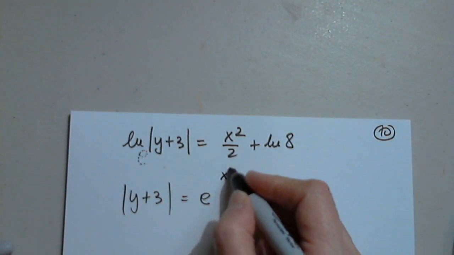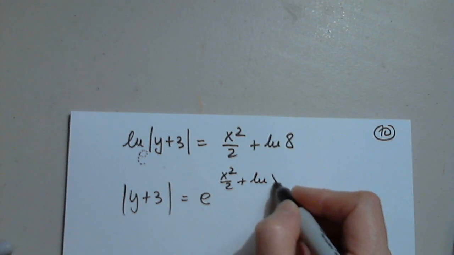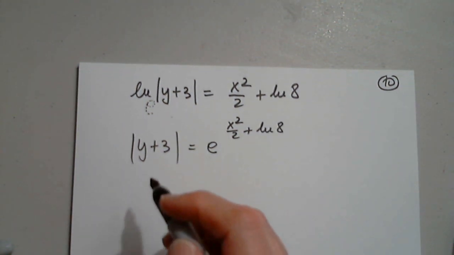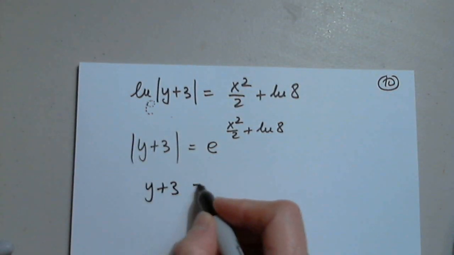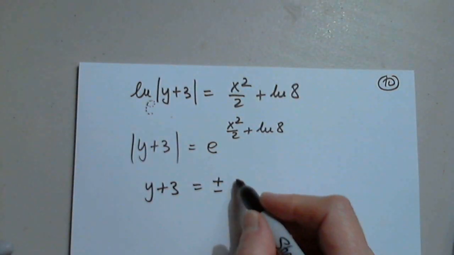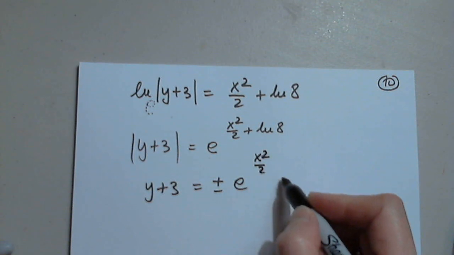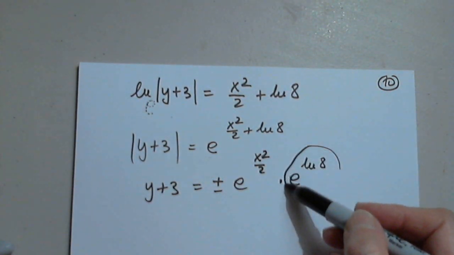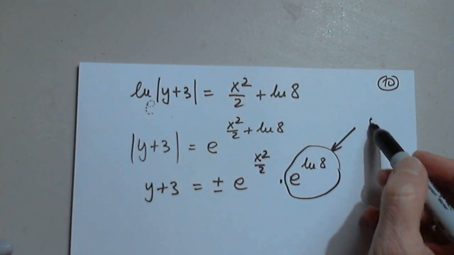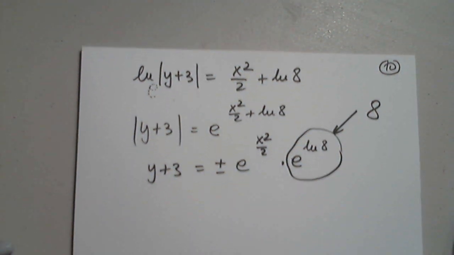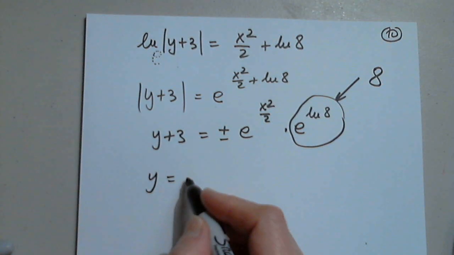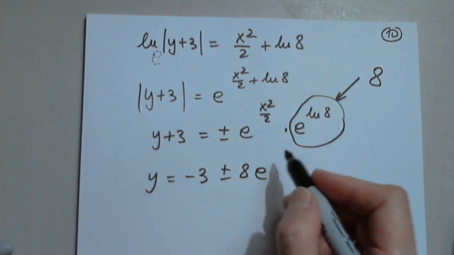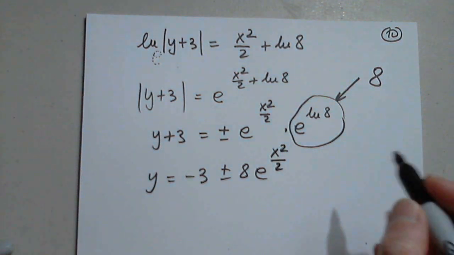E to x squared over 2 plus natural log 8. So then y plus 3 equals plus or minus e to x squared over 2 times e to natural log 8. We talked about this property, so this property is simply giving us 8. So then y equals, move 3, negative 3 plus or minus 8 e to x squared over 2.